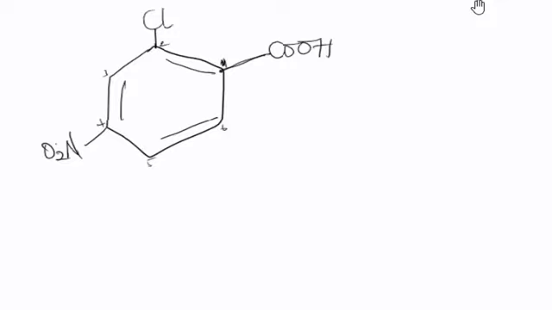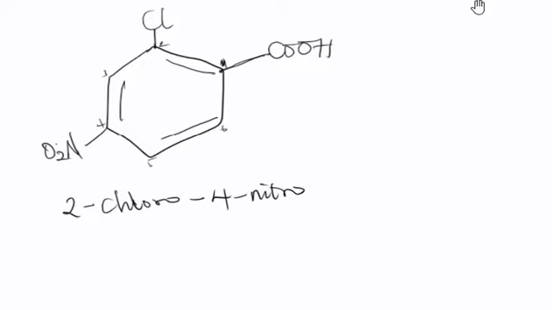So I will have chloro at carbon 2 and nitro at carbon 4. So I will simply state this as 2-chloro-4-nitrobenzoic acid.